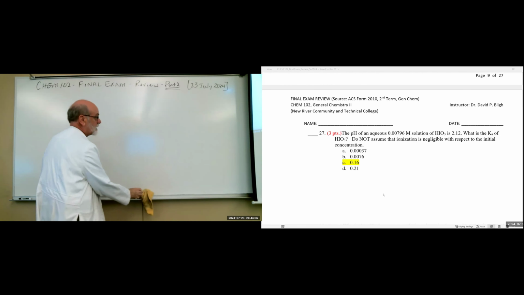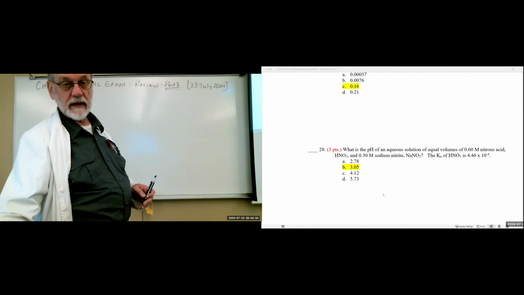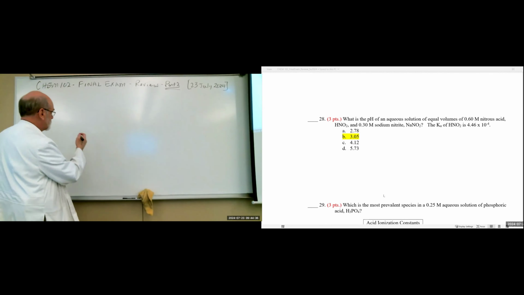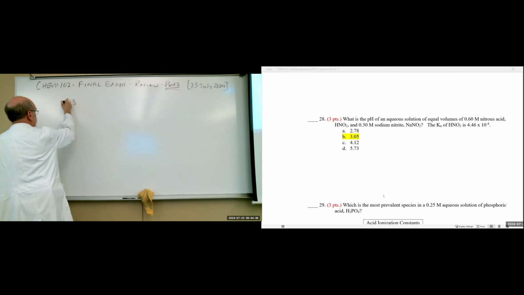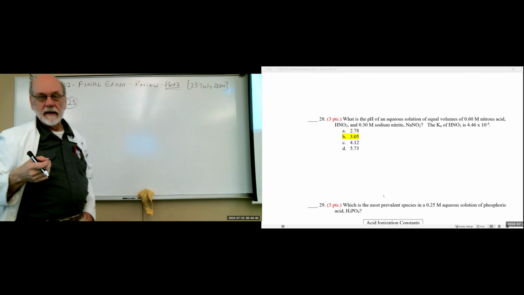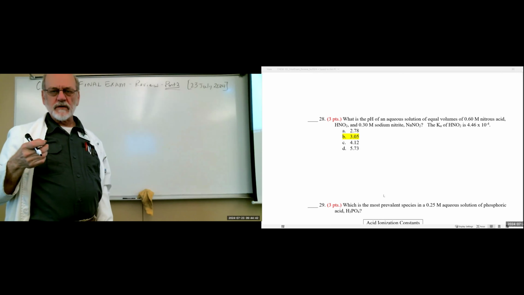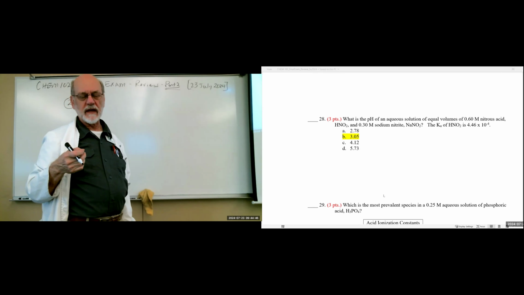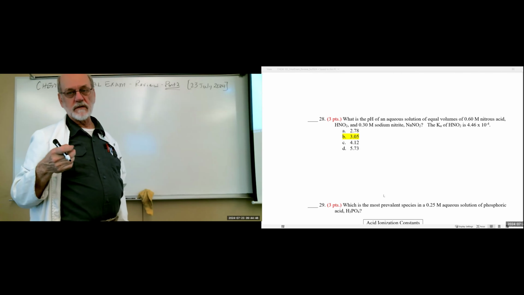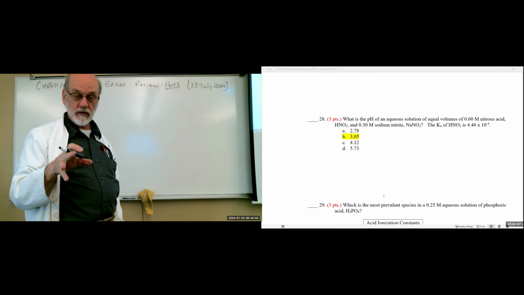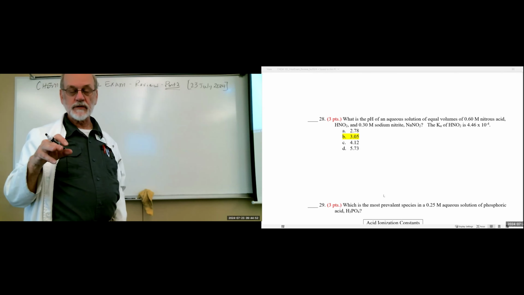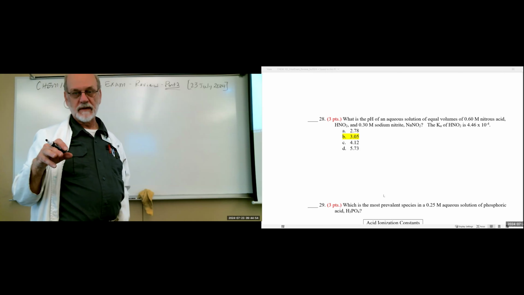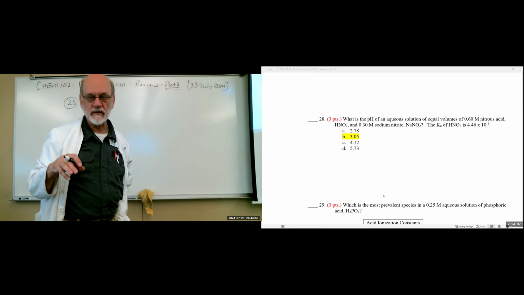All right. 27, 28. What's the pH of an aqueous solution of equal volumes of 0.6 molar nitrous acid, HNO2, and 0.3 molar sodium nitrite?